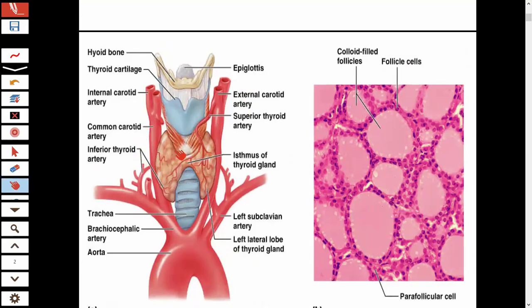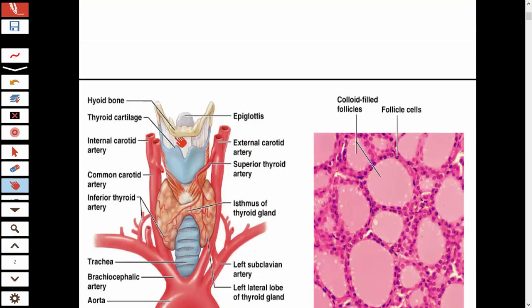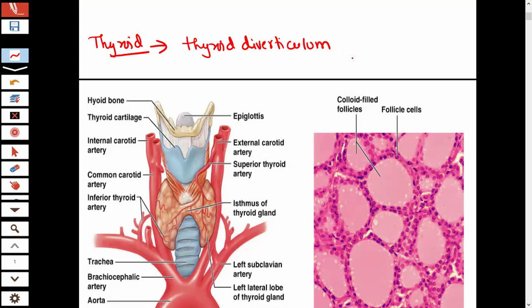Please remember, embryologically the thyroid is developed from a thyroid diverticulum, which arises from the floor of the primitive pharynx.